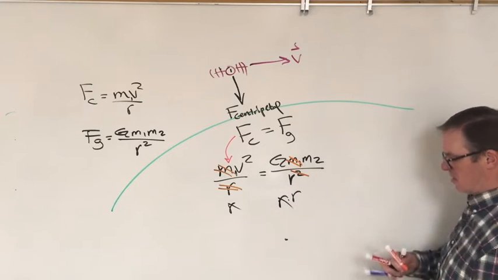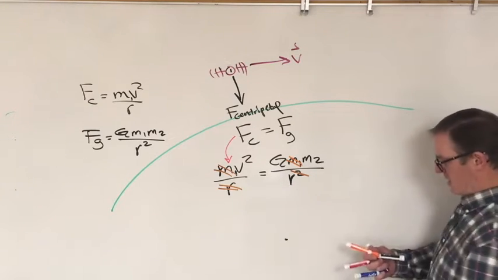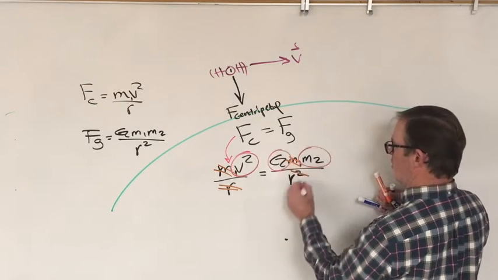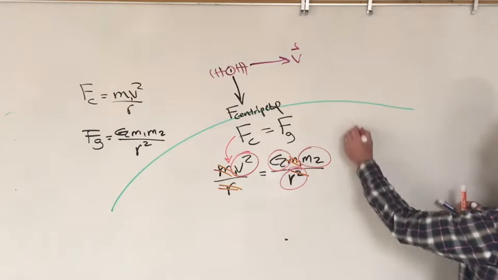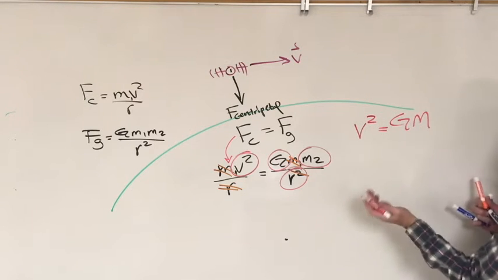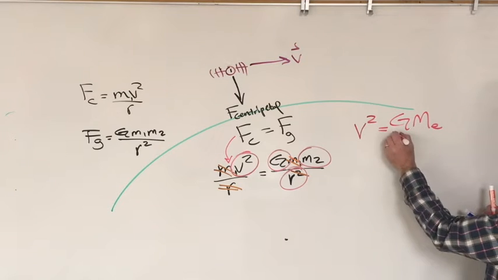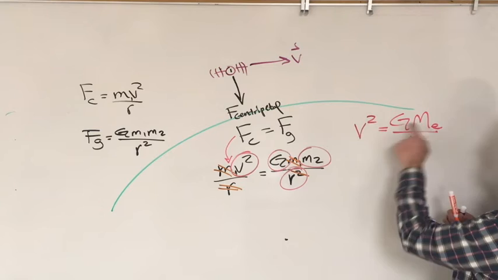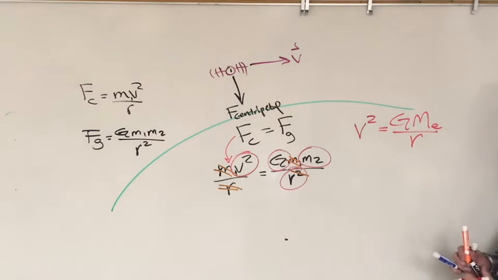That leaves a single r. Let's rewrite this as v squared equals G m Earth over r. m2 is the mass of the Earth in this case, and for any satellite orbiting the Earth, that m2 will be the mass of the Earth.